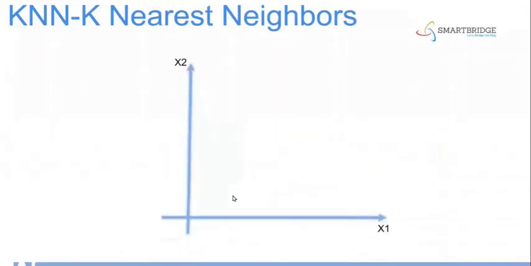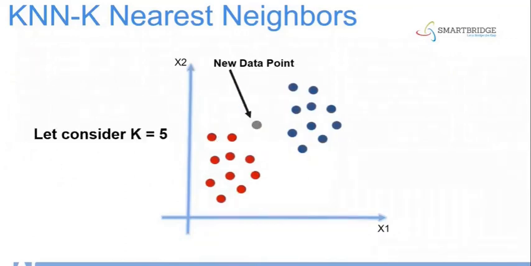All right, so this new data point calculates the distances to all the points, and then I will consider the nearest neighbors. Here K, the number of nearest neighbors, is 5. So it will see which are the nearest neighbors over here. Here are 3 nearest neighbors, and here you have 2 nearest neighbors. So what is the majority of the points lying towards?